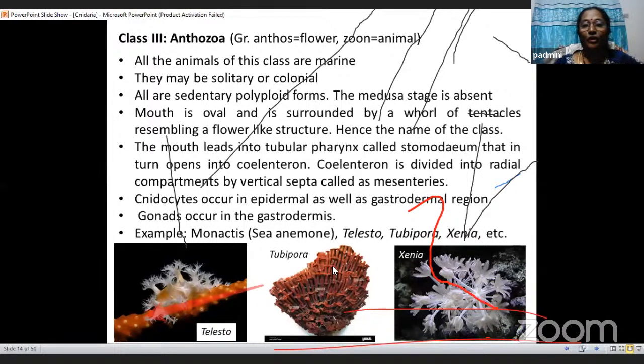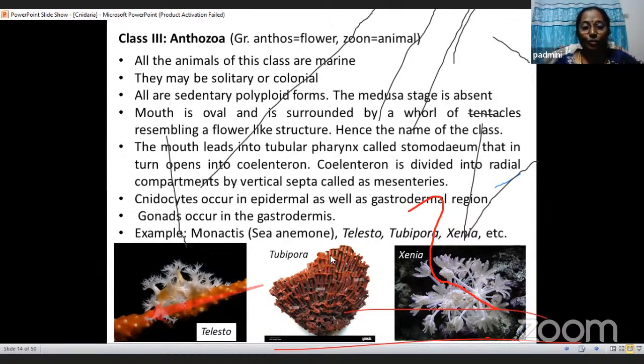Mouth is oval and is surrounded by a whorl of tentacles. Can you see those whorls of tentacles? This resembles a flower, and that is the reason why it's called anthozoa. Antho, flower-like animals, is anthozoa. And these petal-like structures are nothing but the tentacles. That is the formation of tentacles over there, and hence the name anthozoa.